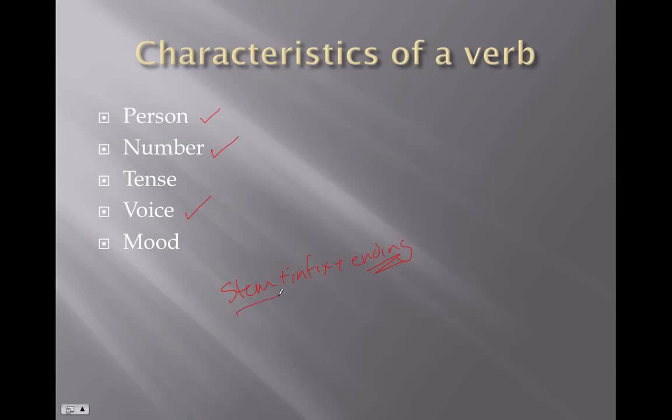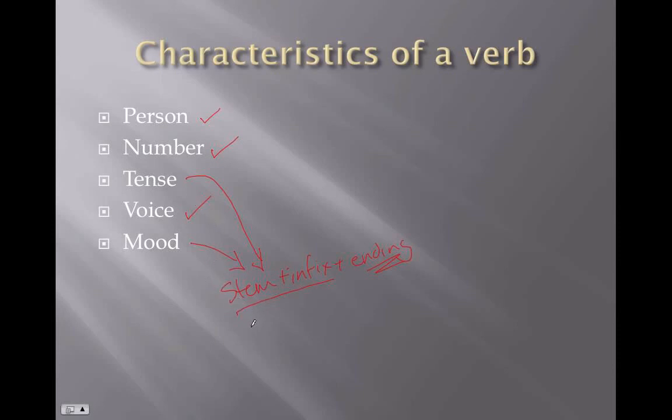That leaves us with the stem and the infix. And the stem and the infix is going to determine the tense and the mood. Right? And there are going to be various combinations of stem and infix. Remember, there are tenses. There are 6 different tenses.